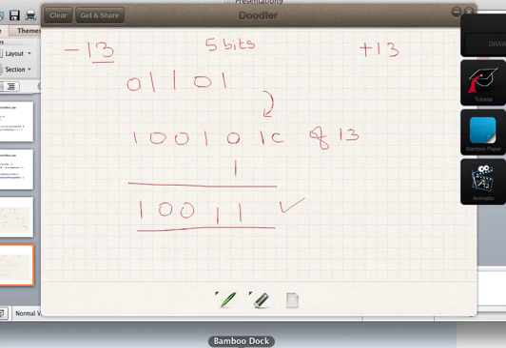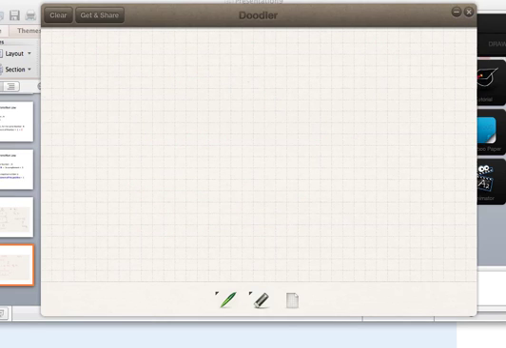Let's take one more example. -22. -22 means we have to take positive 22 first. That is 16 plus 6.